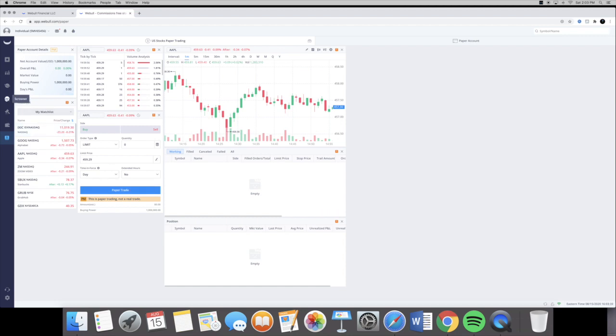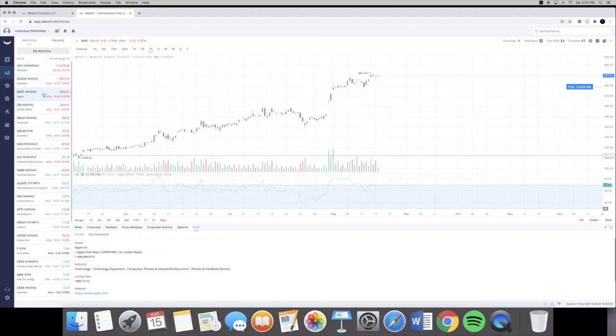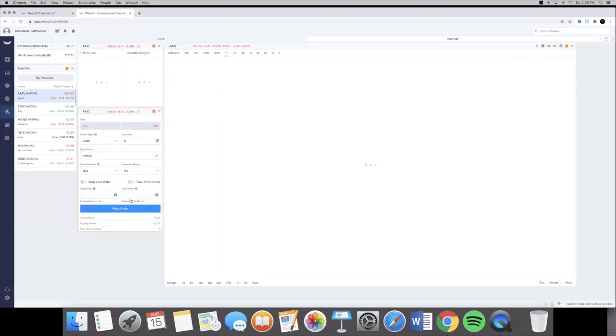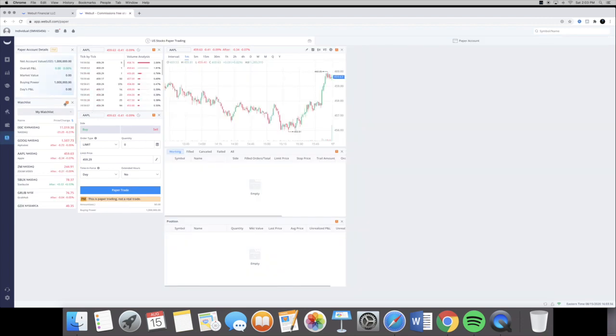If we go back to the normal one, sorry, it will say place order. See the difference? Paper trade, place order. Everything else is exactly the same. You can practice taking a position, getting out, and all the indicators.